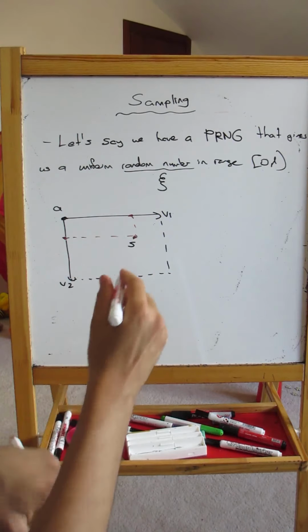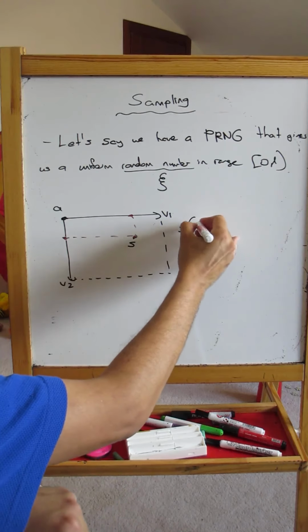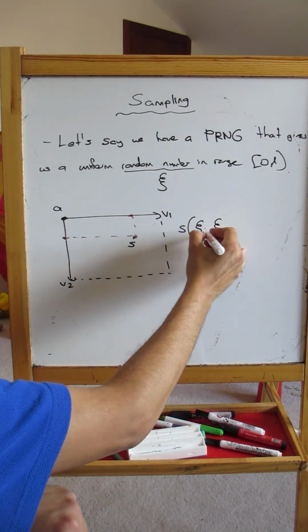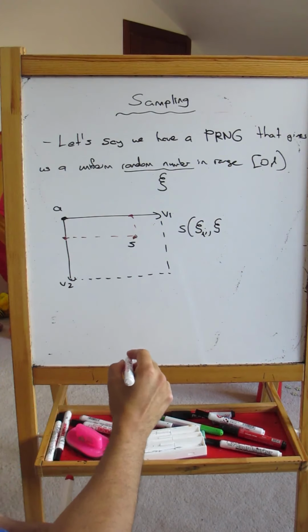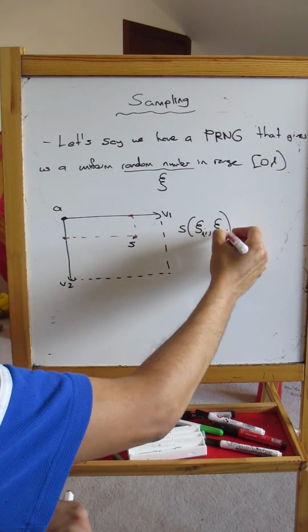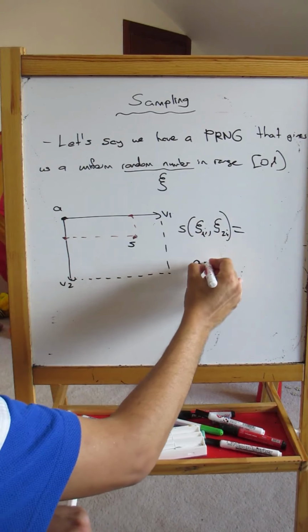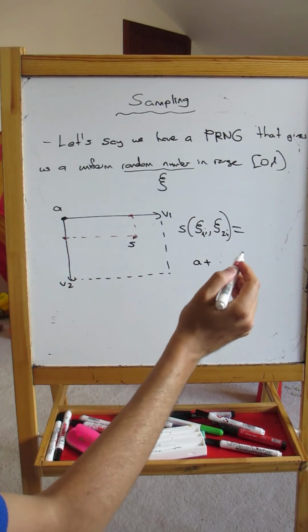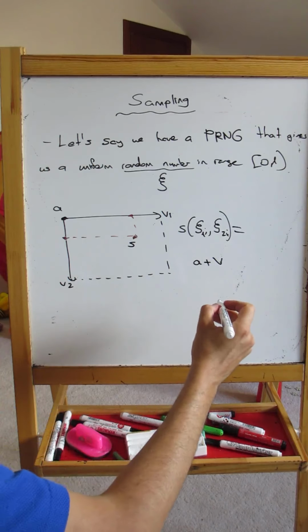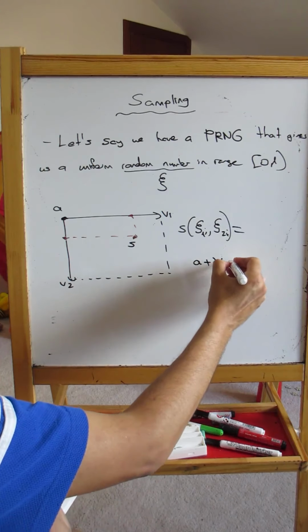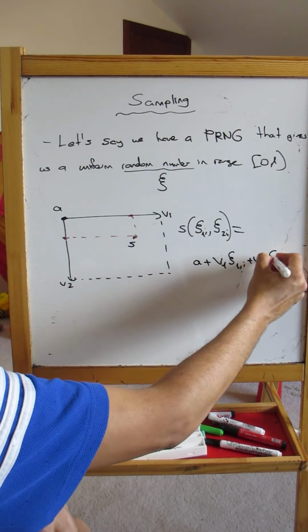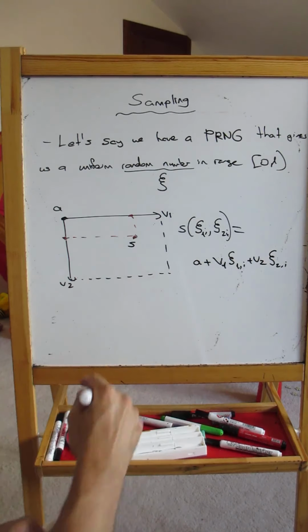Then I can say S of chi 1i and chi 2i is equal to A plus V1 times chi 1i plus V2 times chi 2i.